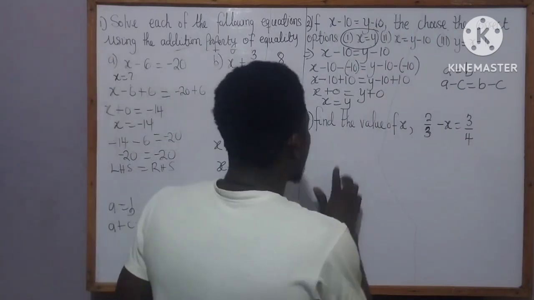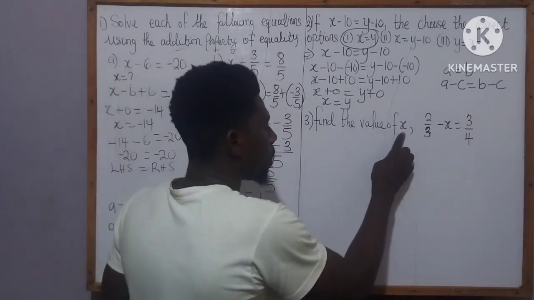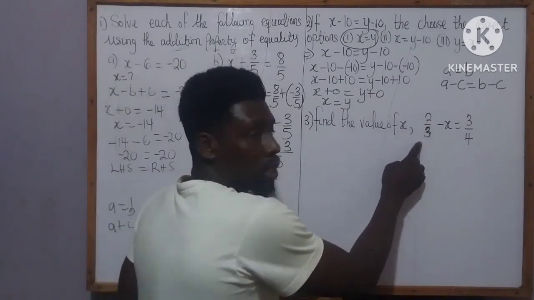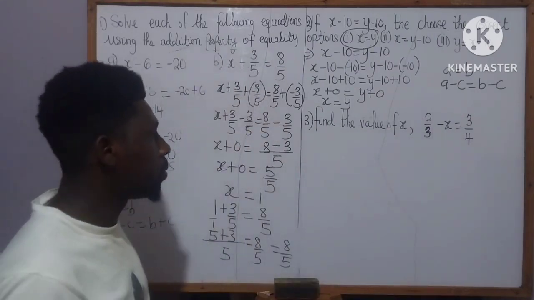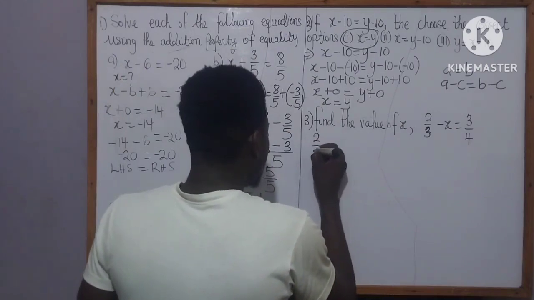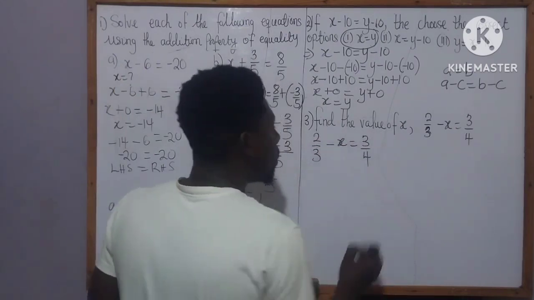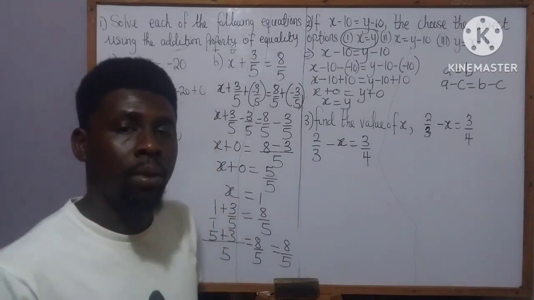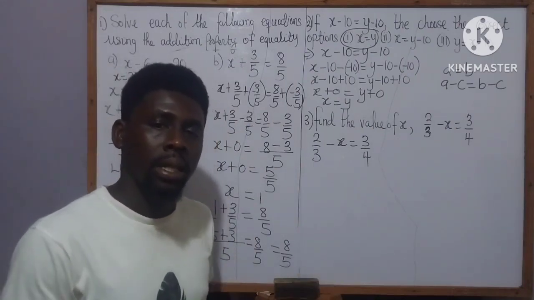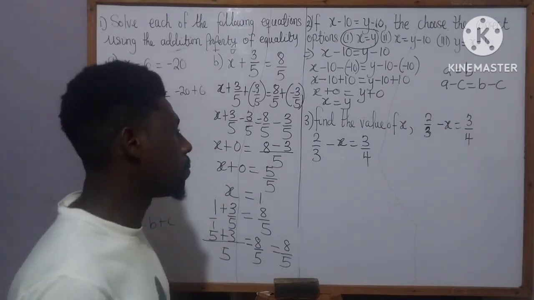All right, let's come to this side. Number 3, we say find the value of x from 2 over 3 minus x equals 3 over 4. Okay, so with this equation, for us to find x, I want us to combine both the addition property of equality and the subtraction property of equality.